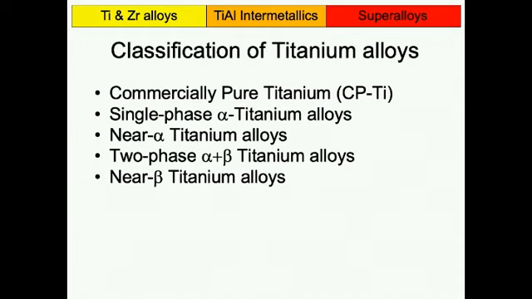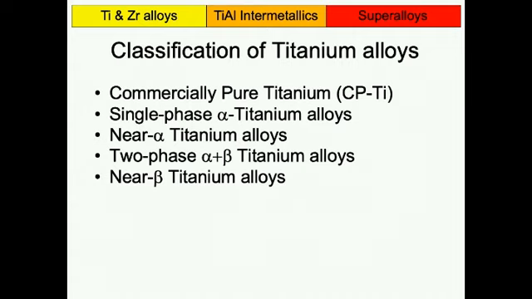So they're called commercially pure. There are some impurities in there, and in fact, they do add a few elements, which I think we'll discuss in the next few slides. And of course, at room temperature they are in principle alpha titanium, more or less. Then we have single alpha titanium alloys. They're actually not that common these days anymore.